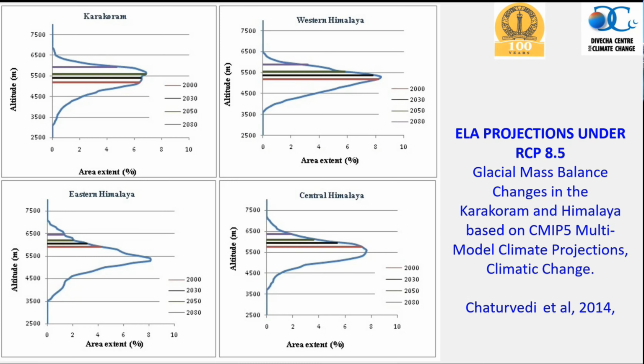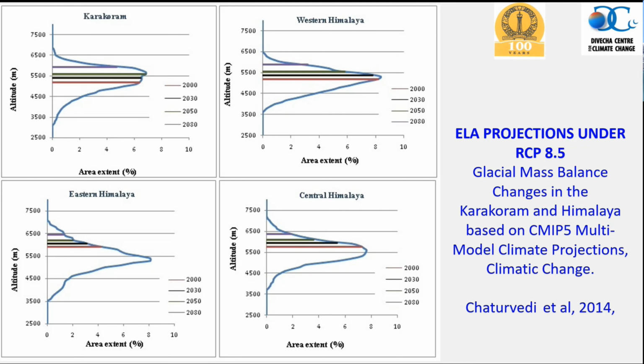Let me see. So what is going to happen is how ELA, you can see here, is as of now. The data is taken from various literature and says how much ELA is in Karakoram, in Western Himalaya, Central Himalaya, and Eastern Himalaya. So you can see here that in year 2000, it is slightly lower than 5,500 meters.